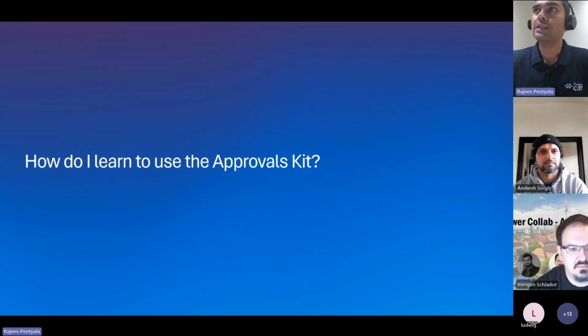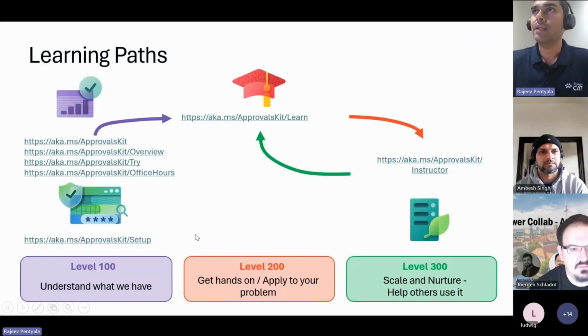Then, how do I learn? If you want to use approvalKit as is, you can follow these links and try it. If you want to create multi-stage approvals and everything, you can use this link. And the third thing, if you really want to extend it, like I mentioned, let's say if any new workflow is published, you would want to notify all your users.